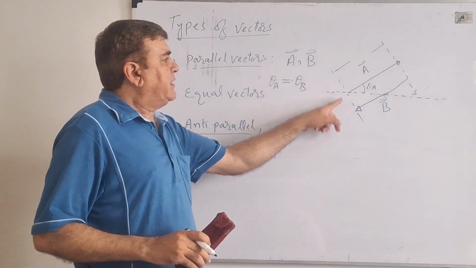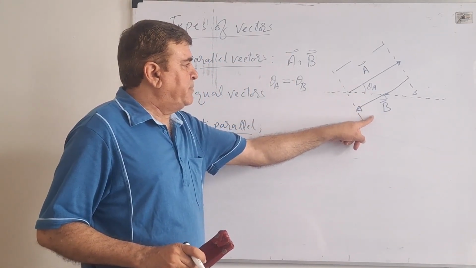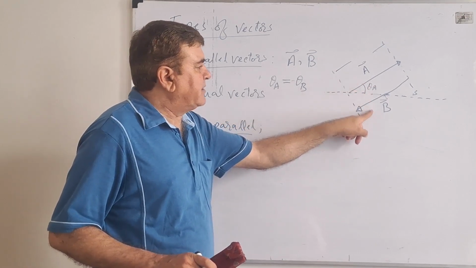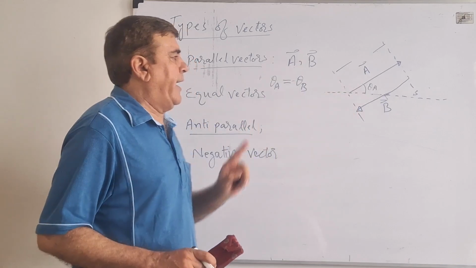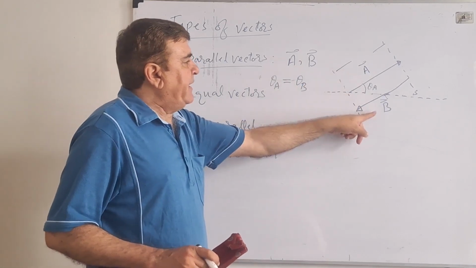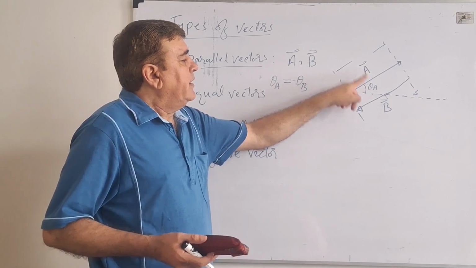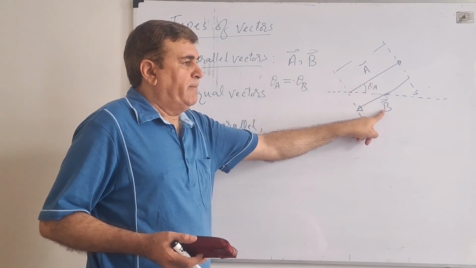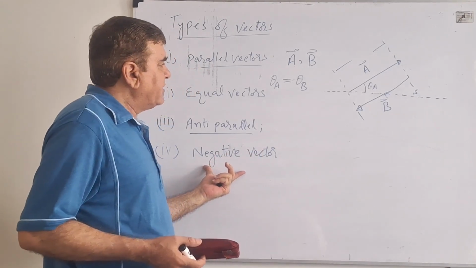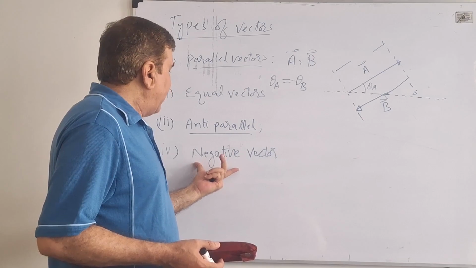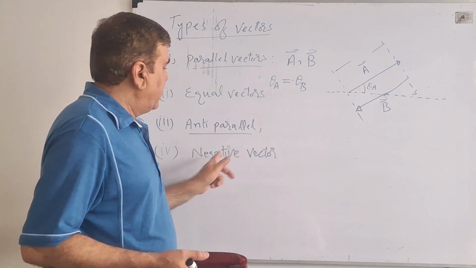That is, the negative of a vector A is a vector B whose magnitude is the same as that of A, but direction is opposite to A. So then B is called the negative of A, and equally A is called the negative of B. So the negative of a vector is in fact a relative term. It always links one vector with another vector.